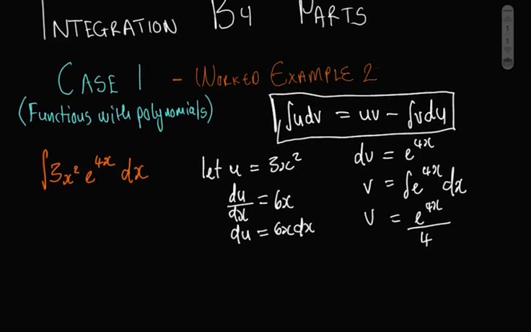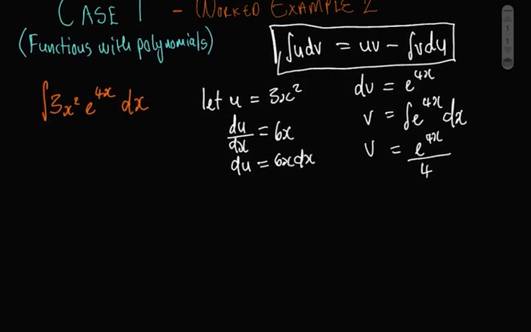So now if we put it there, the integral of 3x squared e to the 4x with respect to x is equal to, what is my u? My u is 3x squared, and it's multiplying my v.